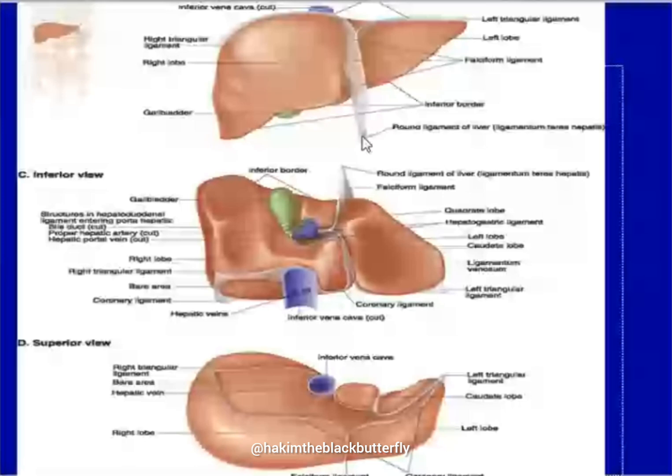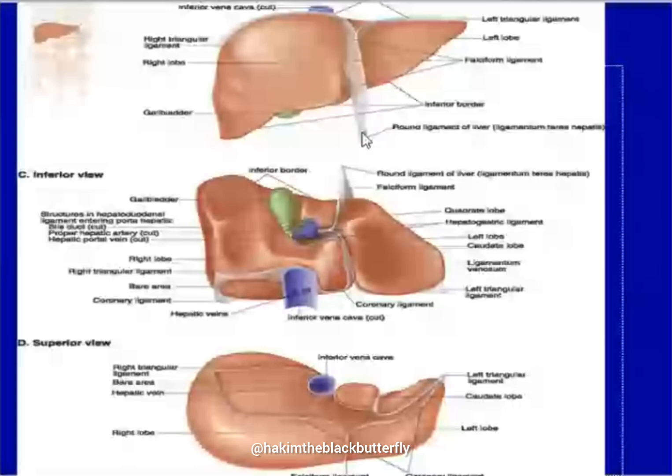No. Ligamentum teres moves from the umbilicus, passes through the falciform ligament, and goes to the liver. It was the umbilical vein, the left umbilical vein.